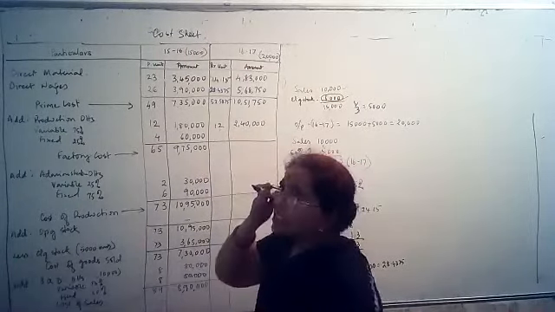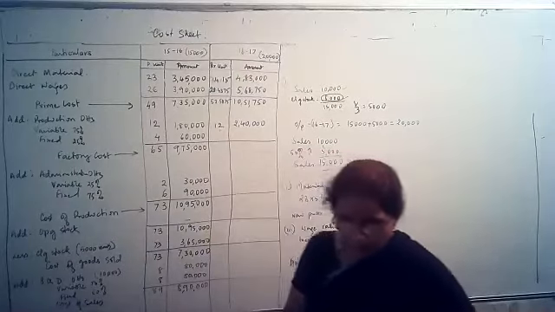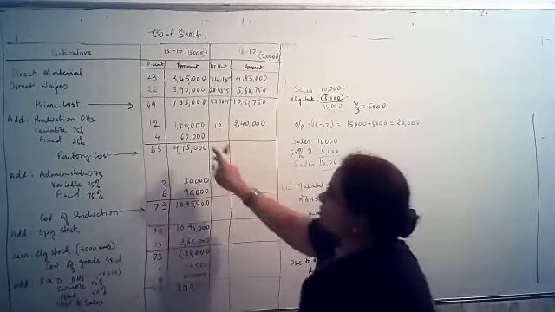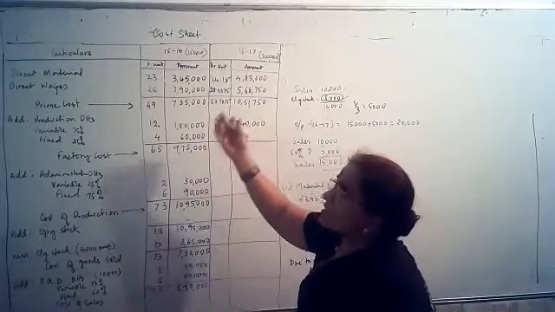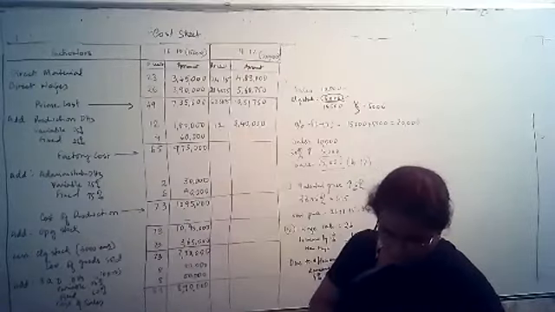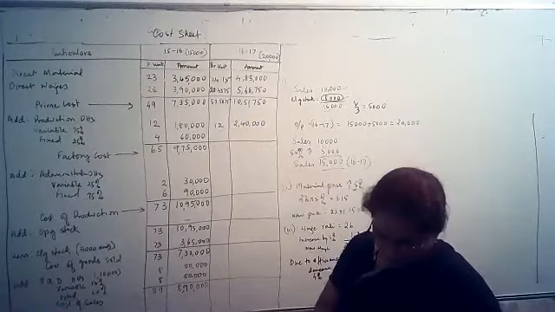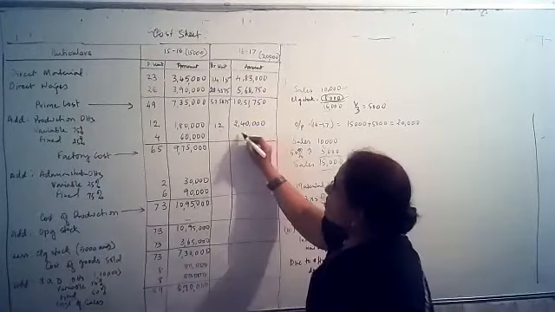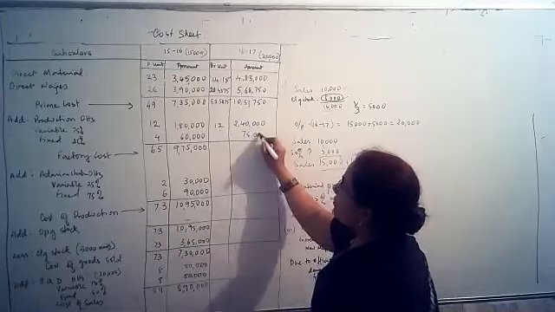What about the fixed? Fixed is increasing by 25%. 60,000 into 25% will give me 15,000. Now this has become 75,000.